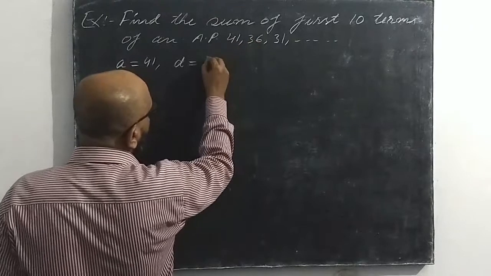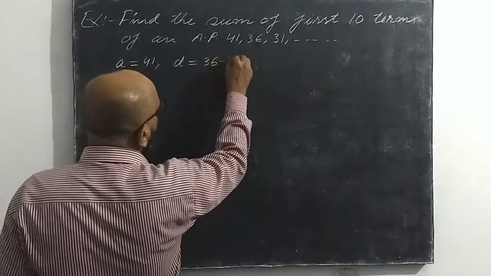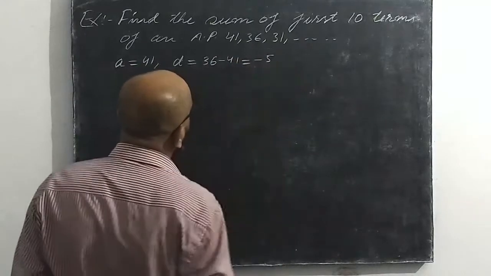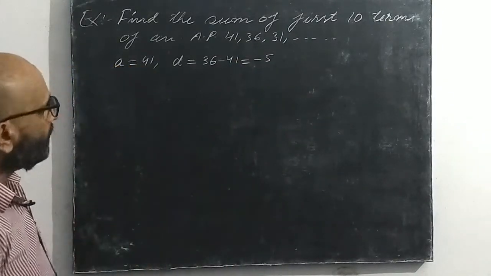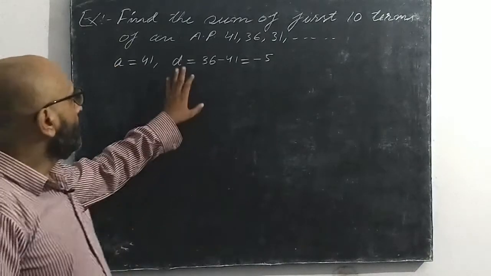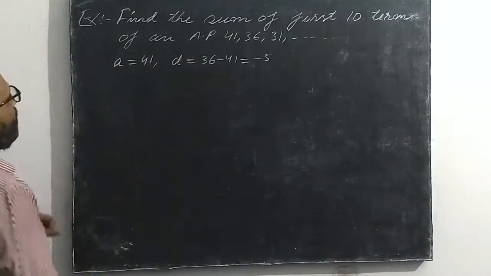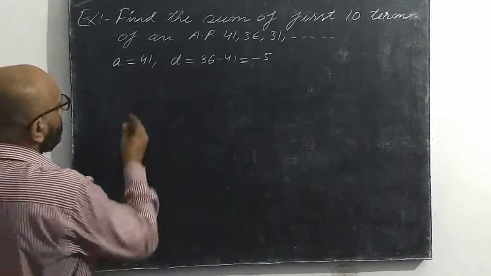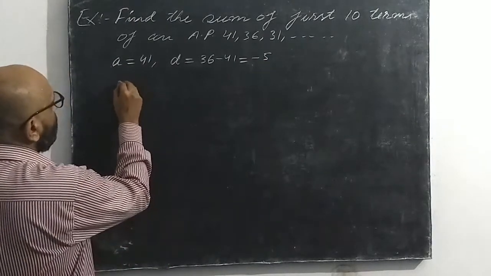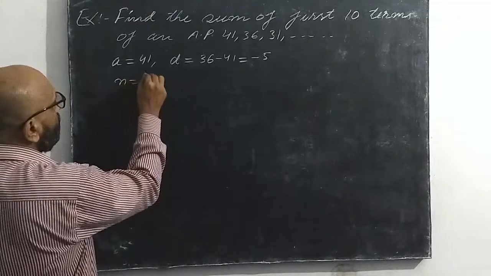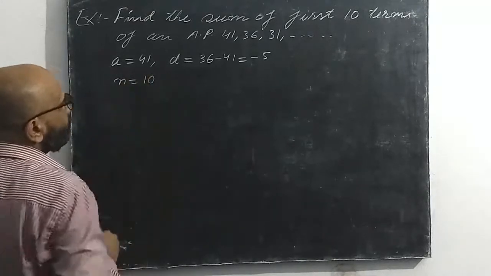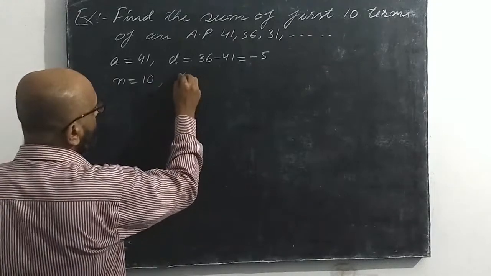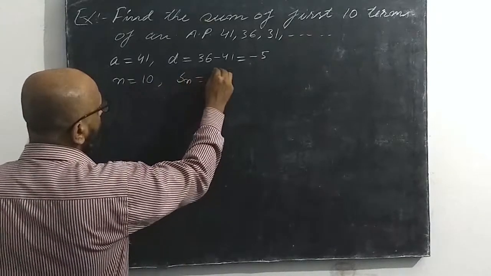So second term minus first term, that is 36 minus 41, which is equal to minus 5. So minus 5 is the common difference. Now we have to find the sum of 10 terms of this AP. So n is the number of terms up to which we have to find the sum, and Sn is the sum which is required. So Sn is the question mark.